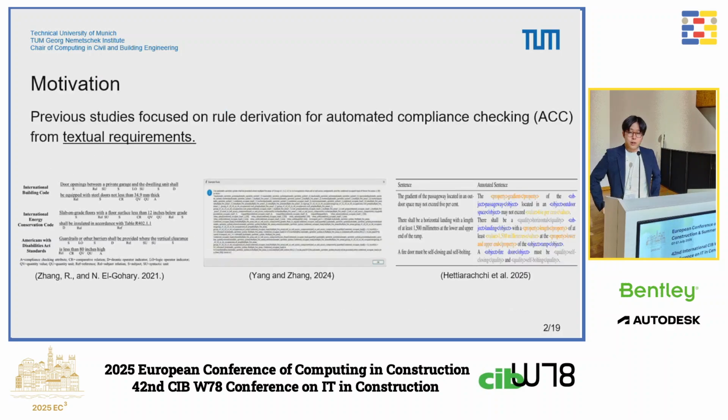So let's begin with the motivation of this research. Traditionally, and even for now, a lot of studies have focused on deriving rules from textual requirements for automated code compliance checking. However, that is just one part of the building regulations.